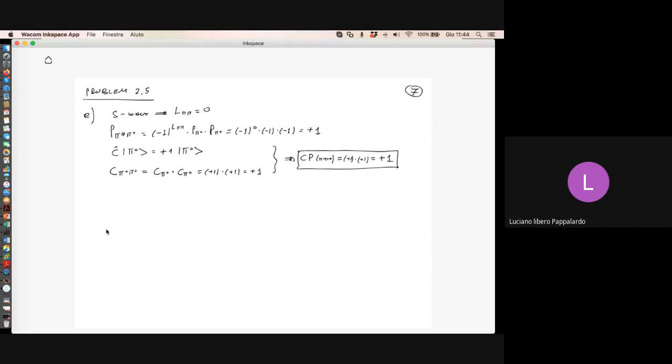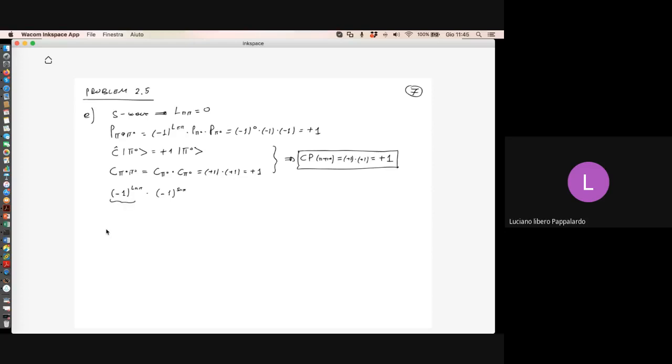We can also make a check here, because we know that the 2 pi 0 are two identical bosons. So the overall wave function of the 2 pi 0 system must be symmetric under exchange. So we can check if this is the case. If you remember, in order to check this, we have to check that the symmetry of the spatial term times the symmetry of the spin term of the wave function, this product must be positive for a symmetric wave function.